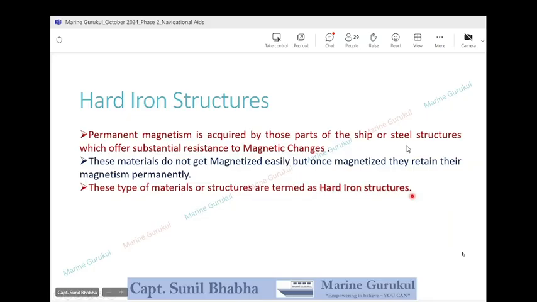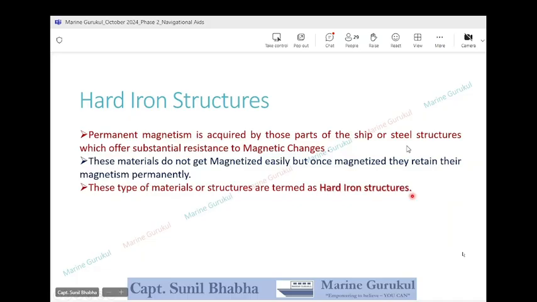Soft iron structures gain or acquire magnetism very easily, and that acquired magnetism is induced magnetism. It is temporary in nature. As soon as the inducing field, the magnetic field which was responsible for the magnetism, is removed, the structures lose their magnetism instantly.